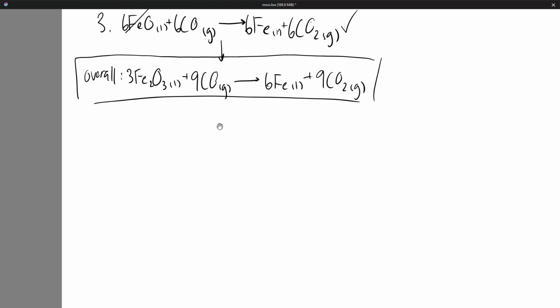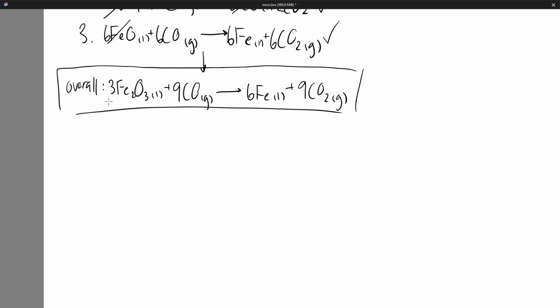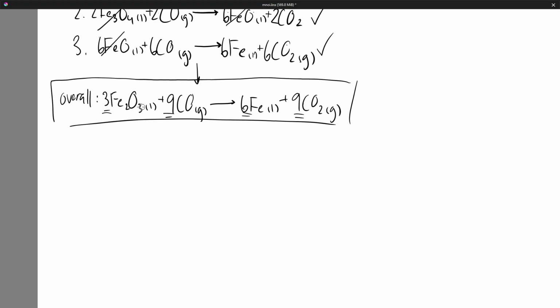But first, what do you notice here? What do you notice about the coefficients for this balanced chemical equation? They can all be simplified into multiples of 3, which means this isn't where we stop. We actually go further than this. Let's erase this real quick.